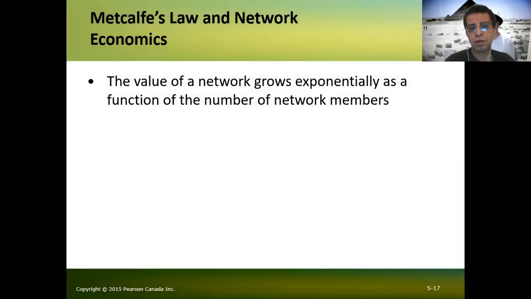Metcalfe's law and network economics says the value of a network grows exponentially as a function of the number of network members. We don't want to talk that much about it, but you know what happened during the corona.